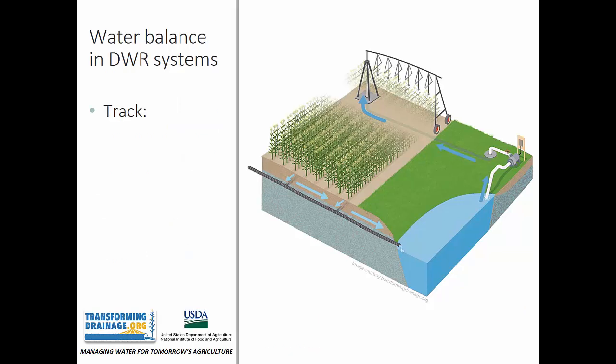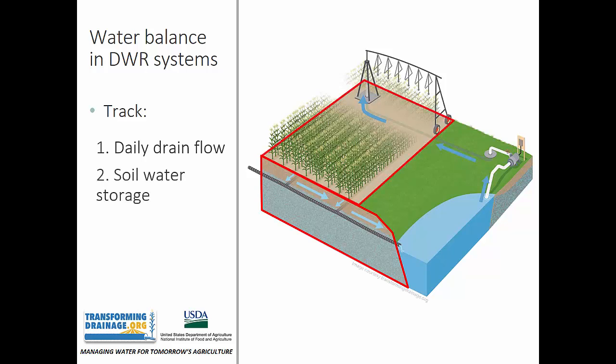To explore this relationship, we estimated the balance of water between various components of the system. First, we described the primary water source for the on-farm water storage, which is daily drain flow. Also, we tracked soil water within the field, as this provides an estimate for when supplemental irrigation would be beneficial for crop growth.